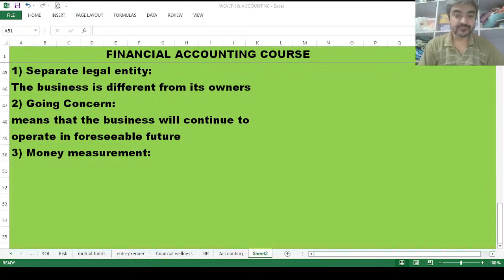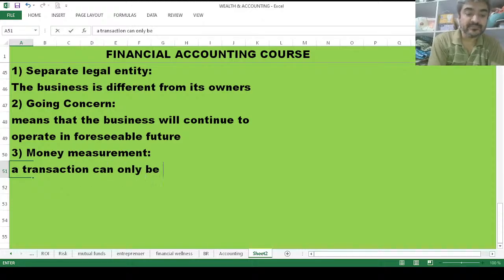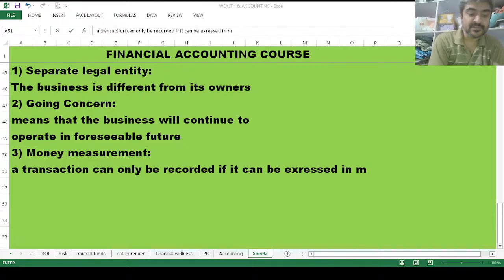So any transaction can be recorded only if it can be expressed in monetary terms.